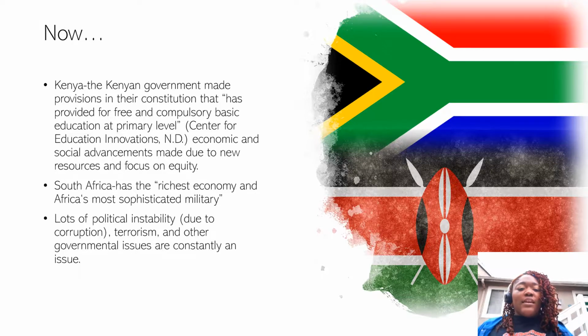And so there has been free and compulsory basic education provided at the primary level, which was not a thing before Kenya gained independence. And South Africa also invested a very large amount of money into, I think it was about 19%, give or take, of their federal funding to support education, which was seen as like a really big investment in the world to just fund education.